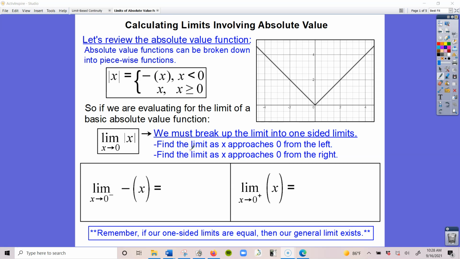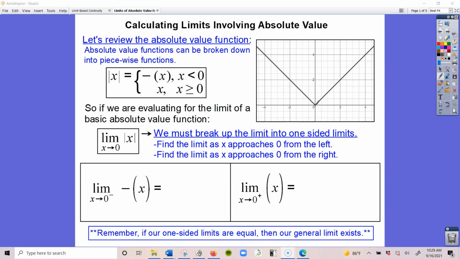When we're trying to calculate a limit of an absolute value function, it's important that we first break up the limit into its one-sided limits using the piecewise function. So if I were to calculate the limit as x is approaching 0 from the left, I would use the top piece, because that is when x is less than 0.